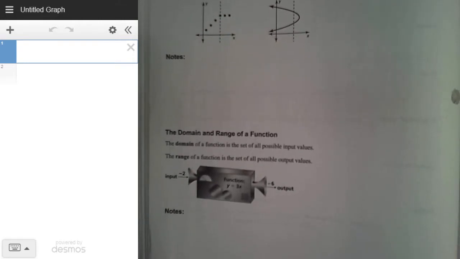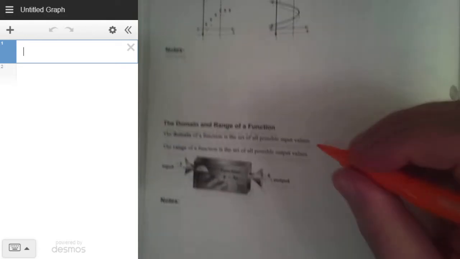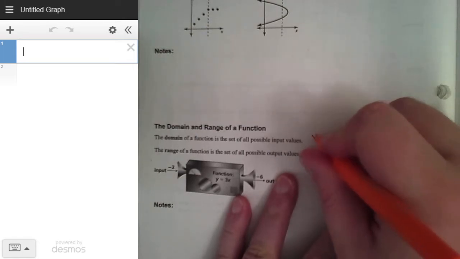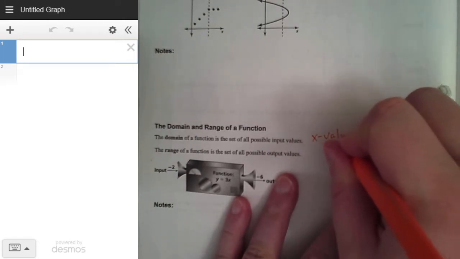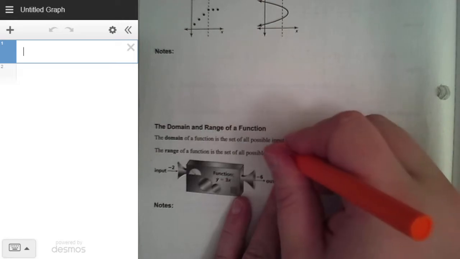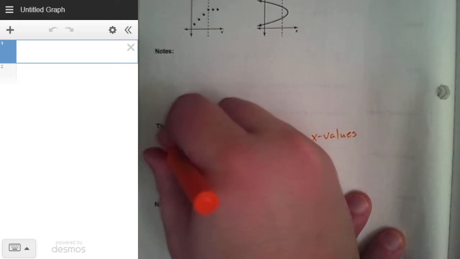The other thing, somewhat of a review, is domain and range. Domain is going to be all the possible inputs, so those are your x values. If you wanted to make a note off to the right, x values are our inputs, the domain.